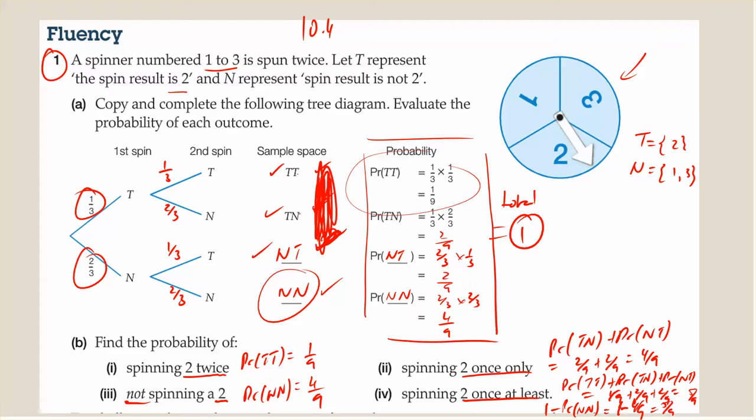So you get the same results, but the second way is a bit shorter. But you need to understand that that totals to 1, so I can use that. Okay, hopefully this helps.